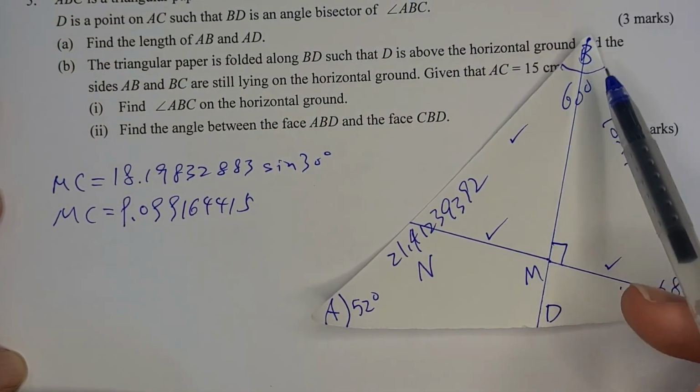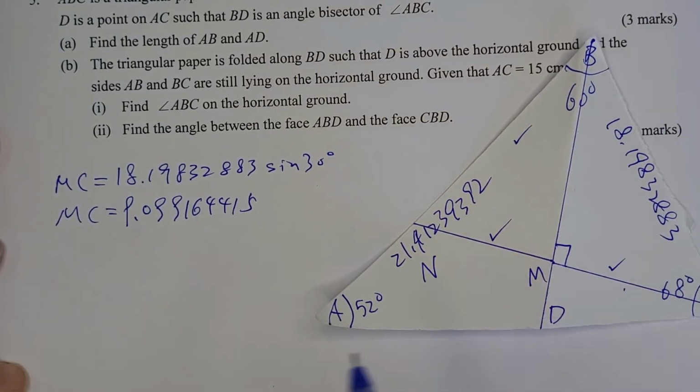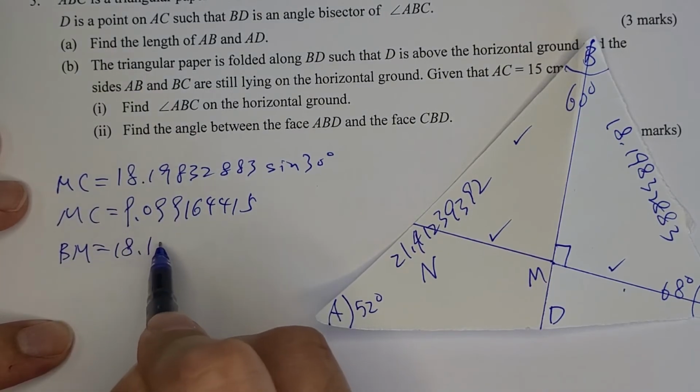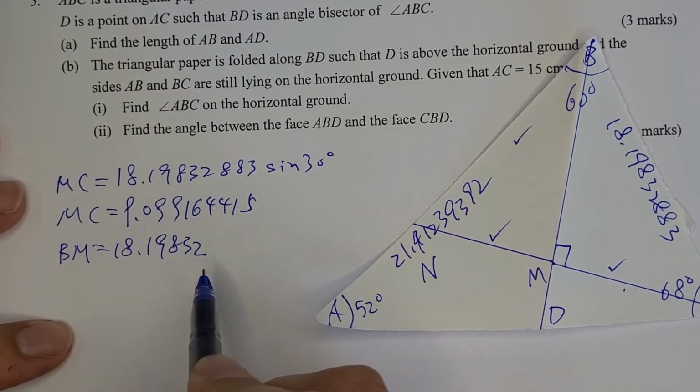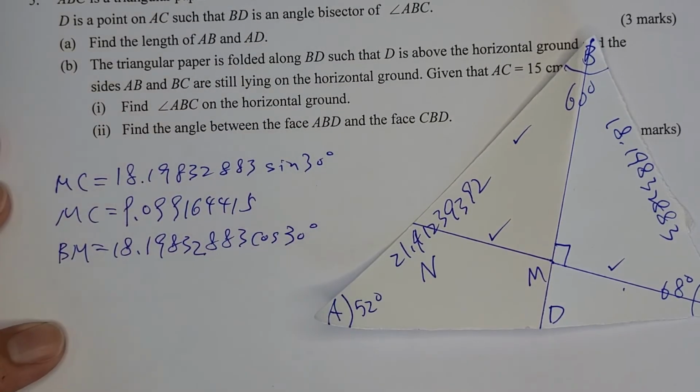And then we need to find BM, because after we find BM, we can find MN. So BM will equal 18.19832 times cosine 30 degrees.